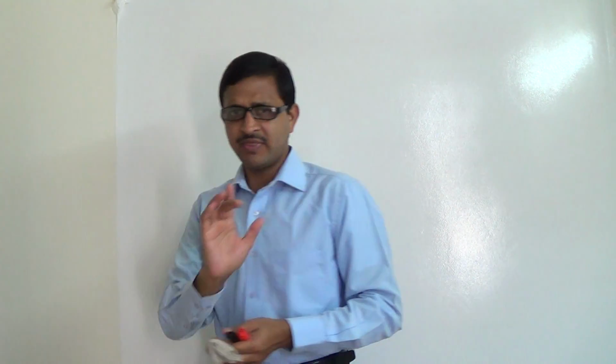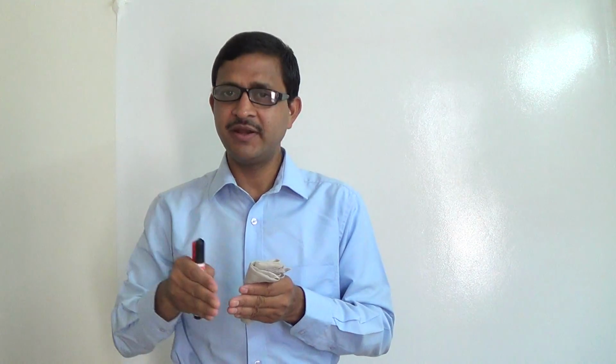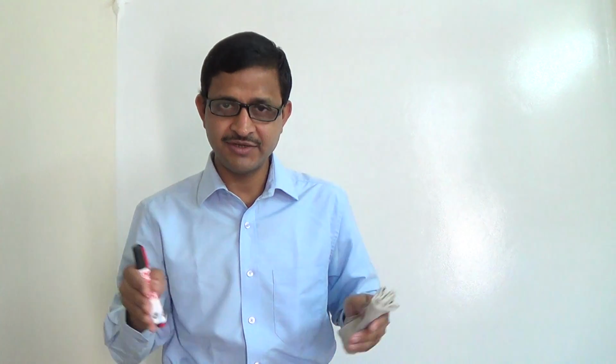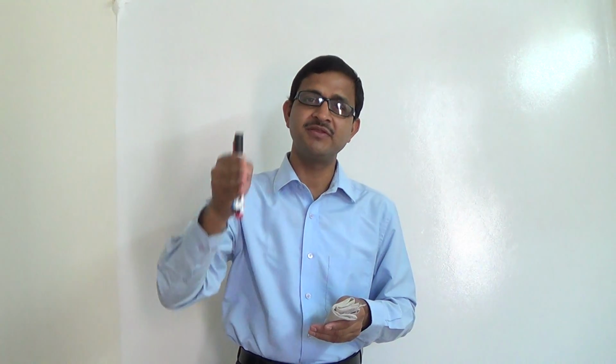One thing I would like to mention here is that x we will measure in radian. Radian is nothing but the real numbers, and that we will measure along the x-axis, and the value of the function we will measure along the y-axis.